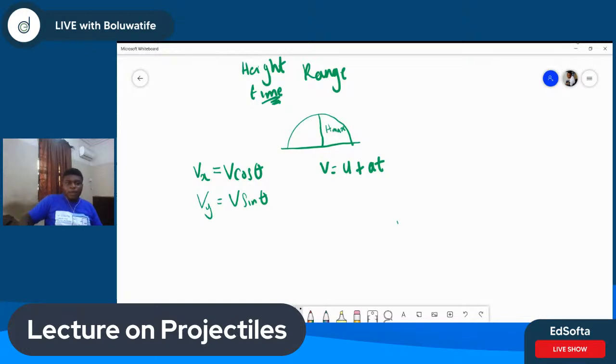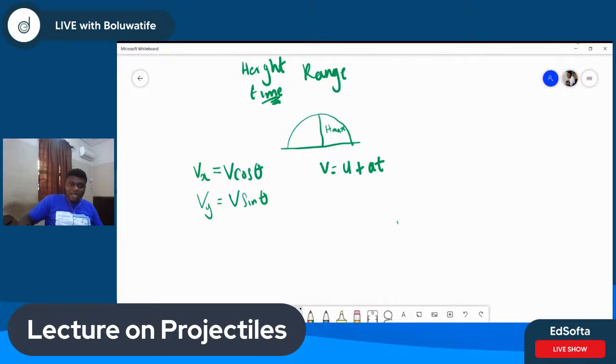So there are some things that we need to change. We are working in the vertical, not horizontal, component, because this velocity is in the vertical component.